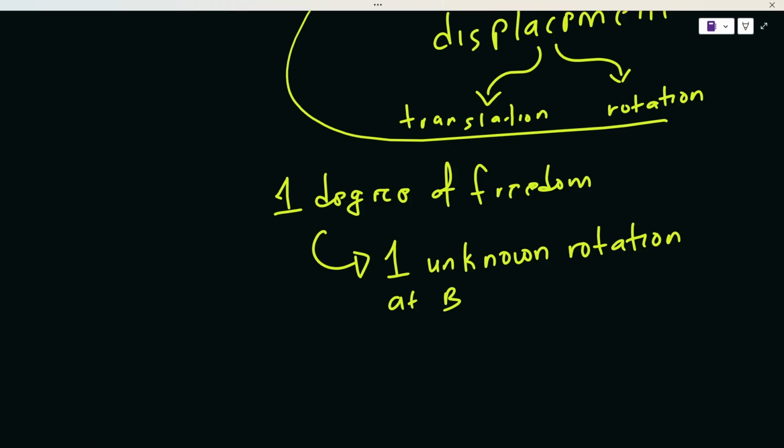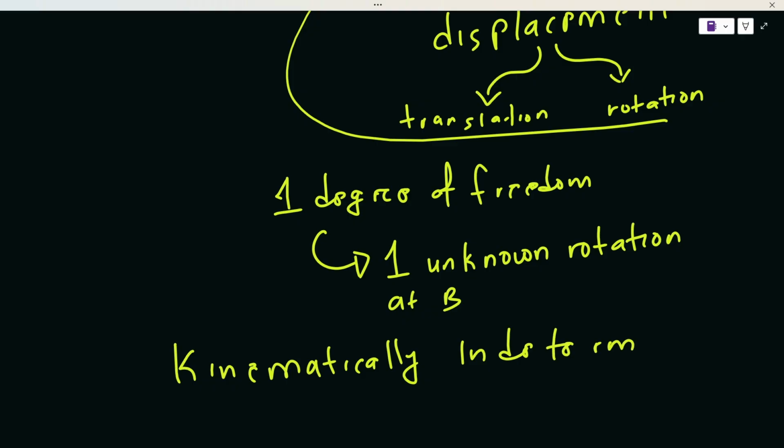For instance, if the structure has 2 degrees of freedom, that is, we have 2 maybe rotations, then we can say that the structure is kinematically indeterminate to that degree of freedom.